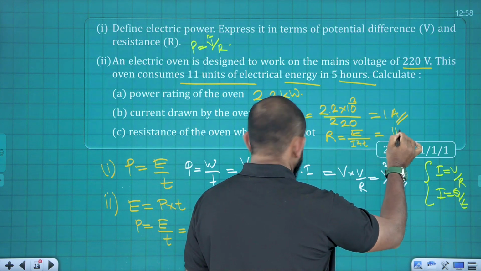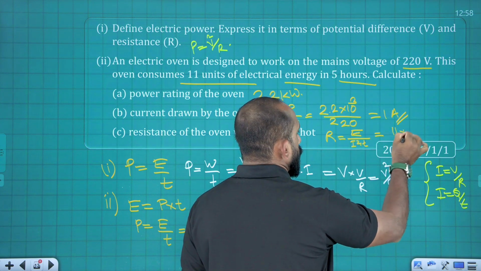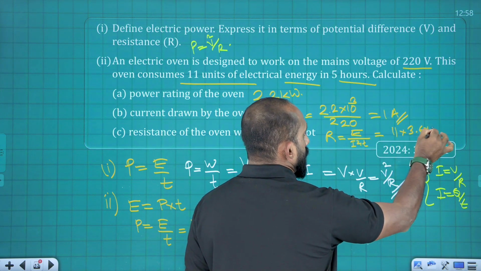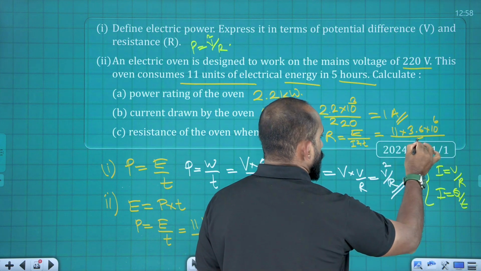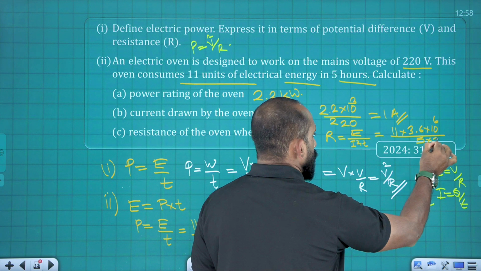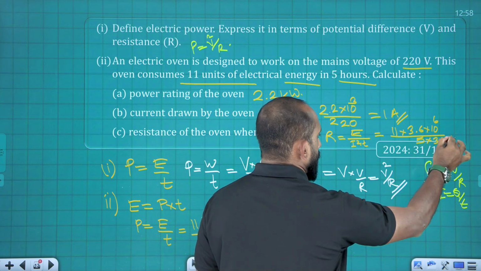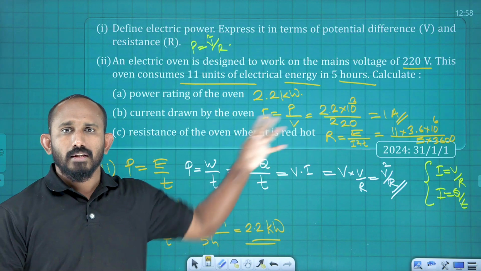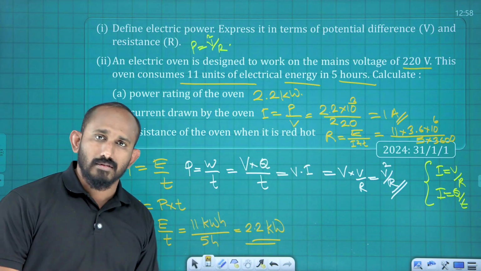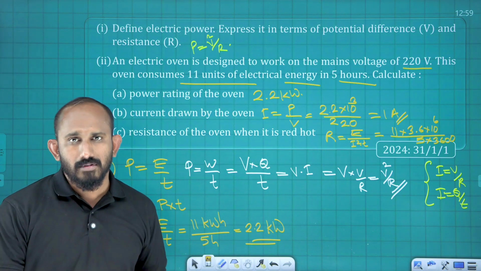So that will be equal to 11 kilowatt hour into 3.6 into 10 raised to 6 joules, divided by time, 5 hours, so 5 into 3600. So you convert energy to joules and time to seconds, then you get the resistance. The SI unit of time is seconds, you know.